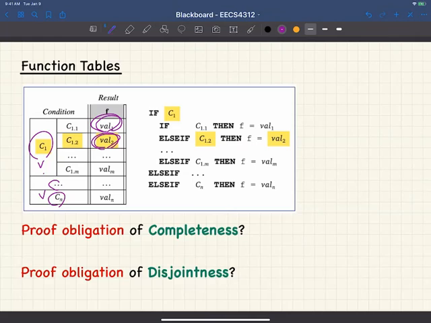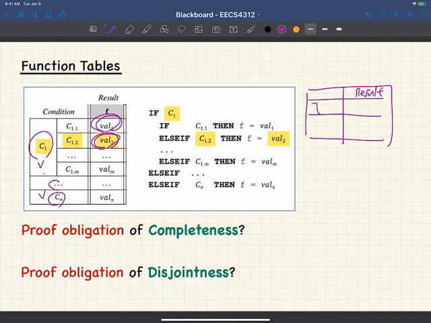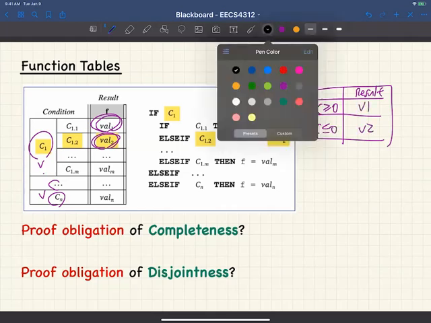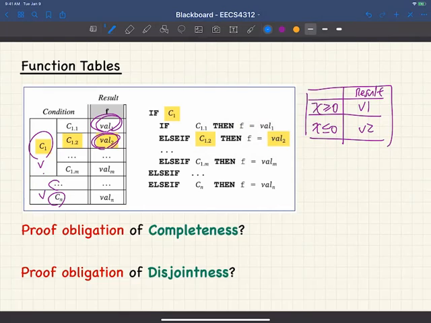Kevin? The same condition should always yield the same result each time. Say, x larger than or equal to 0 gives value 1, and x less than or equal to 0 gives value 2. What if I have x equals 3?